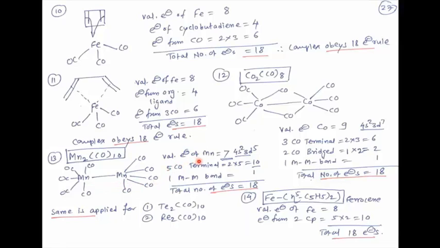So valence electrons of manganese are 7, 4s2 3d5. 5 terminal carbonyls: each terminal carbonyl donates 2 electrons, so 5 into 2, 10 electrons. 1 metal bond, therefore 1 electron. So do the total, 7 plus 10 plus 1, 18. So this complex also obeys the 18 electron rule.